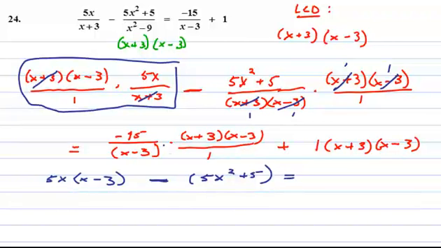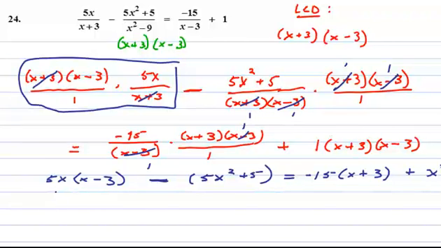In this next term, the x minus 3's cancel, and we're left with negative 15 times x plus 3. And in this next term, we're left with x plus 3 times x minus 3. I might as well use the original form, which is x squared minus 9.